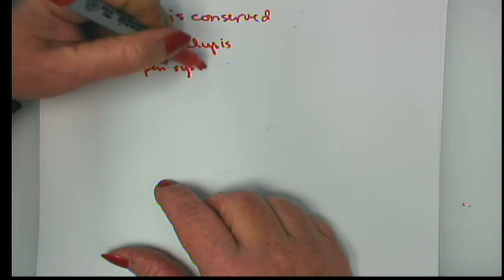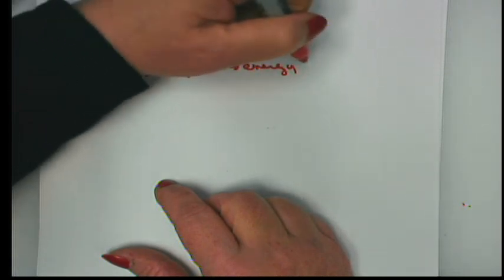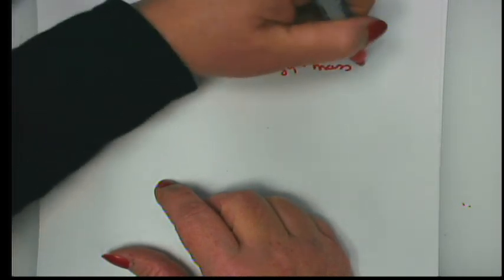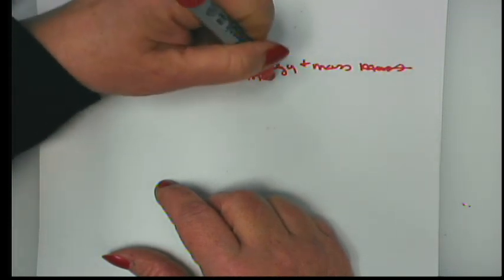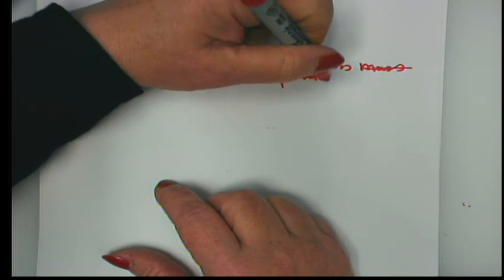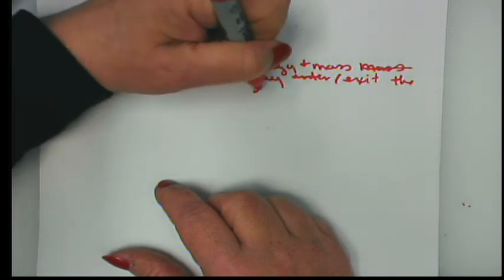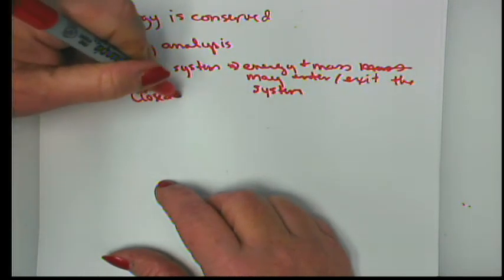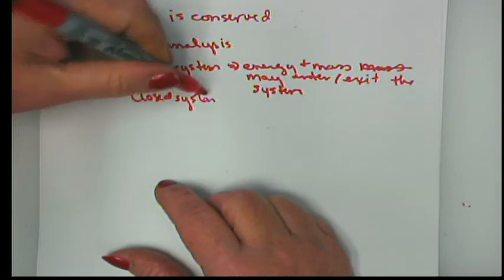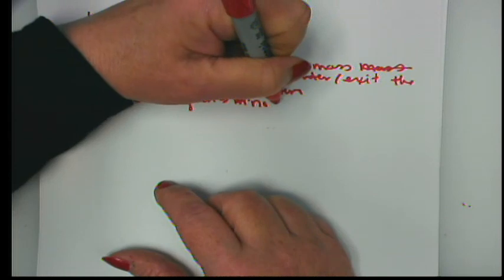If you have an open system, that means that energy and mass may cross into or out of the system, may enter or exit the system. But in a closed system, no mass crosses the boundary. No mass enters or exits.